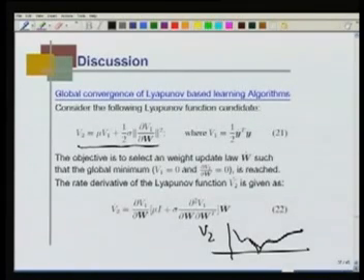So, V2 is 0 at this point. In this case this one is 0, but this is not 0. So, if I take a Lyapunov function like this, some researchers have proved that we can attain the global convergence, but what is the problem?